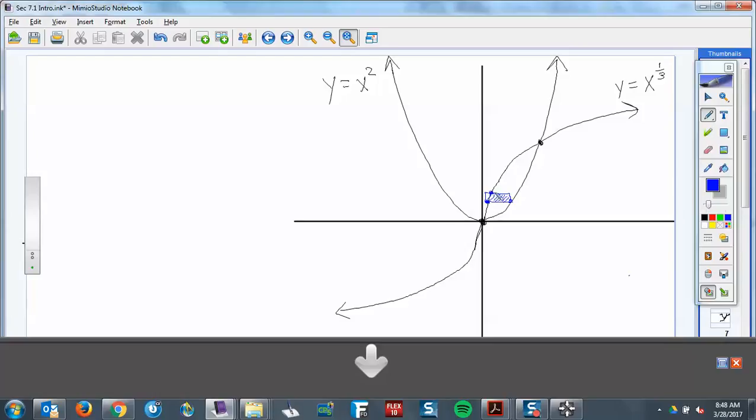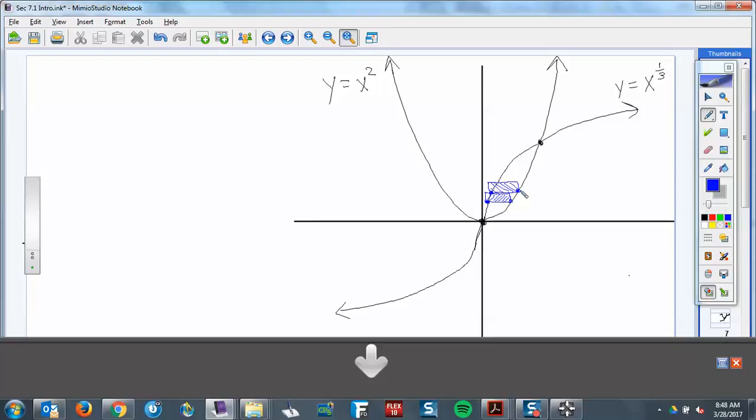Wouldn't it be possible to add up a bunch of horizontal rectangles, sideways laying rectangles, to also find this area?